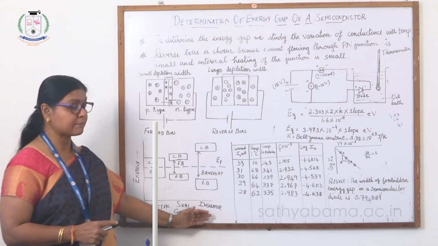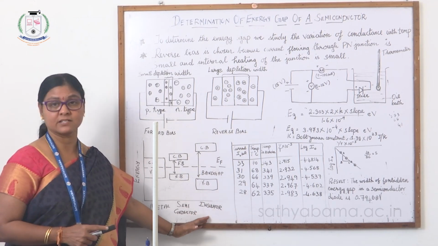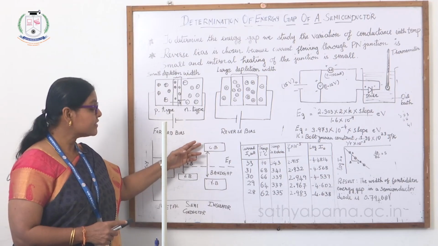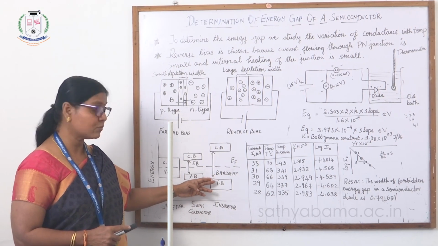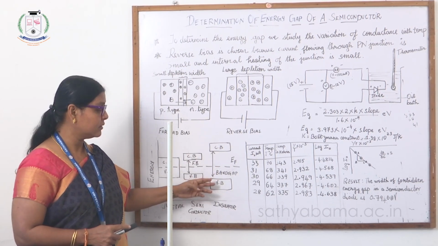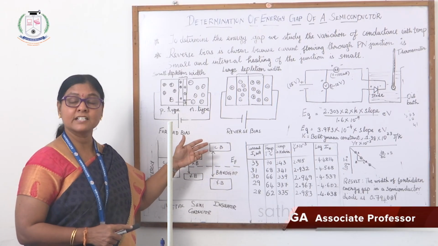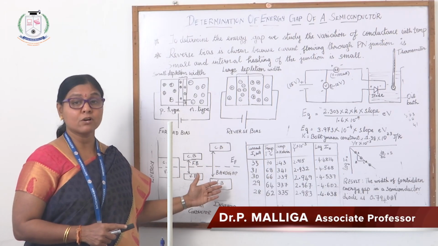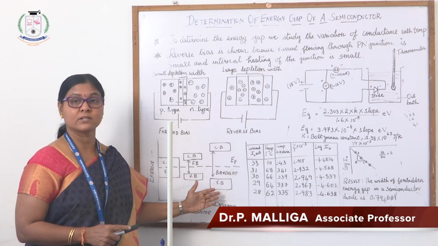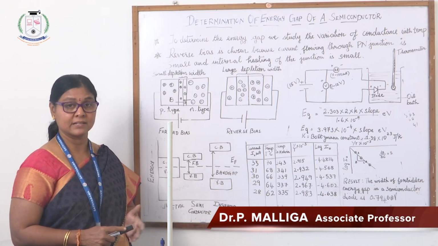The third type is the insulator, where the band gap is very large between the valence and the conduction band, and it is impossible to excite the electrons from the valence to the conduction band.